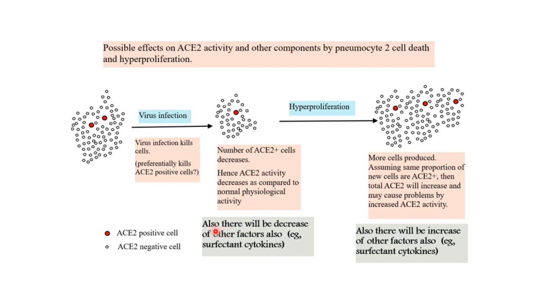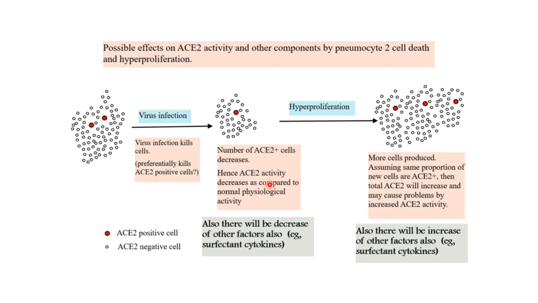And there will be a decrease of other factors such as the surfactant cytokines. Then there will be hyperproliferation. Assuming the proportion of new ACE2 positive cells is the same as the original population, then total ACE2 will increase and may cause problems by increased ACE2 activity.